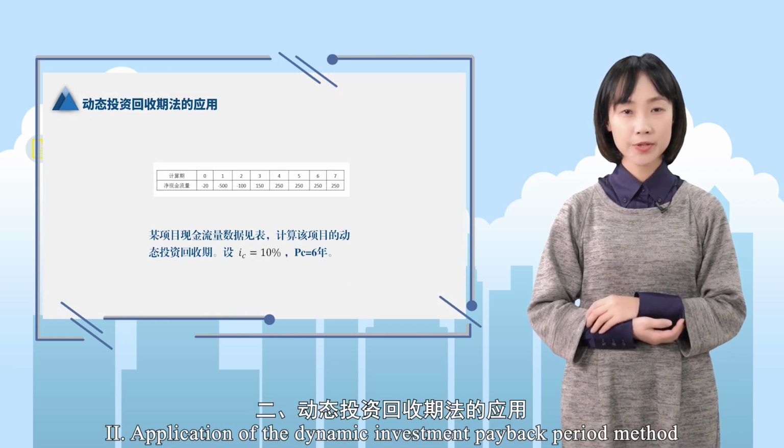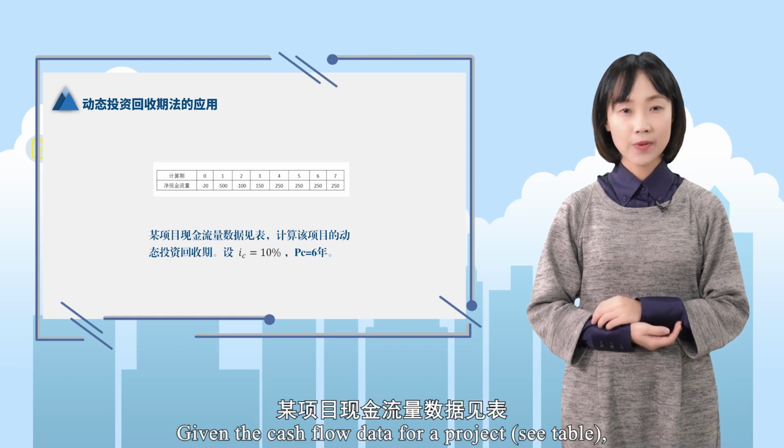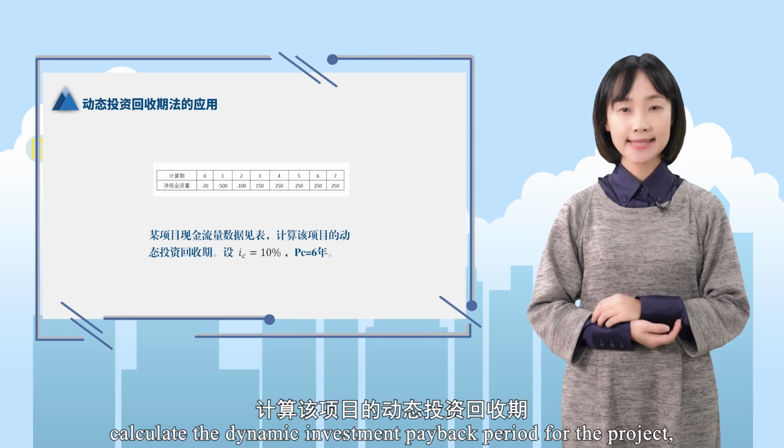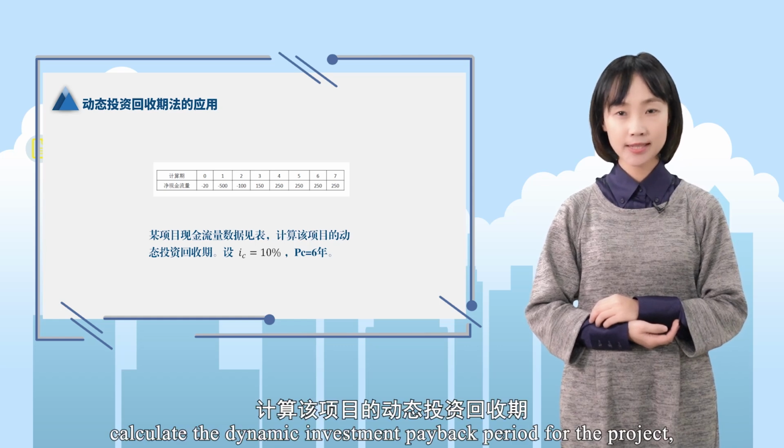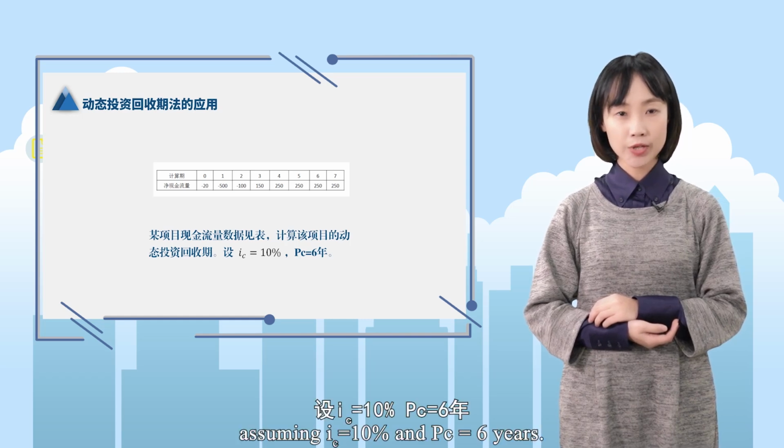2. Application of the dynamic investment payback period method. Given the cash flow data for a project in the table, calculate the dynamic investment payback period for the project, assuming i_c equals 10% and P_c equals 6 years.